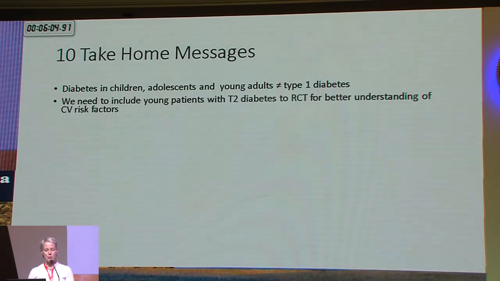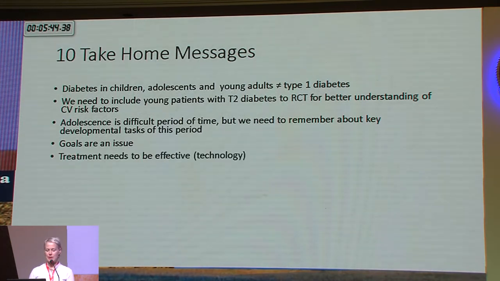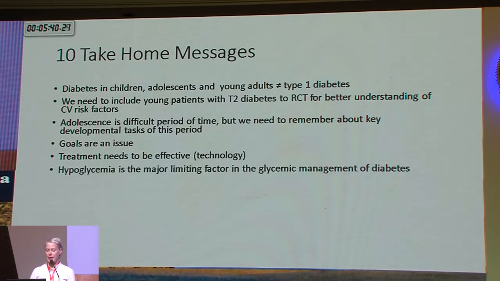Second, we need to include young patients with type 2 diabetes in randomized controlled trials for better understanding of cardiovascular risk factors. Third, adolescence is a difficult period of time, but we need to remember the key developmental tasks of this period. They want to be independent from us and from their families. Goals are an issue: as low as possible without increasing hypoglycemia risk. Treatment needs to be effective. We can use technology here.